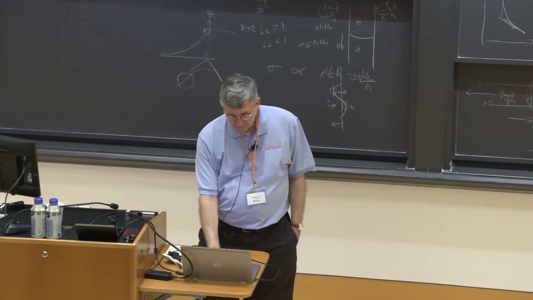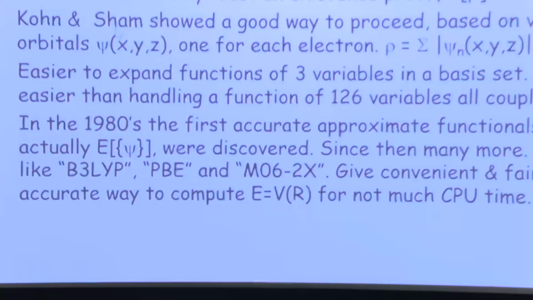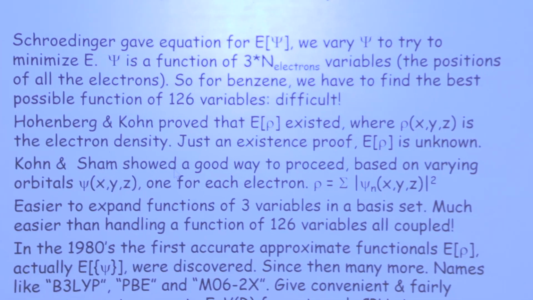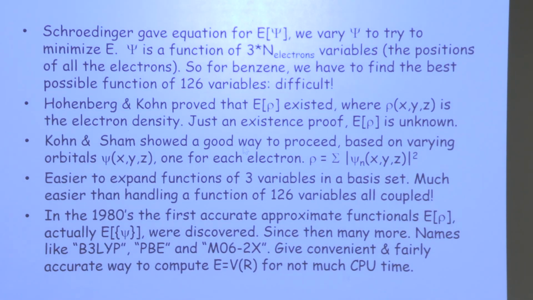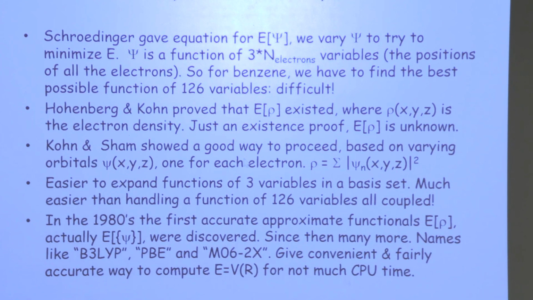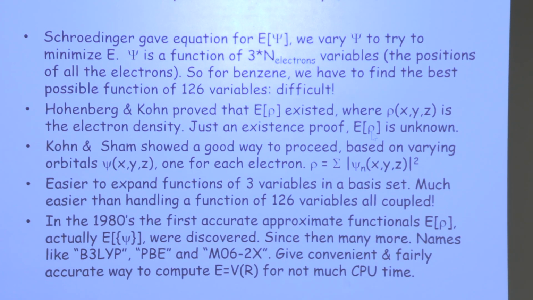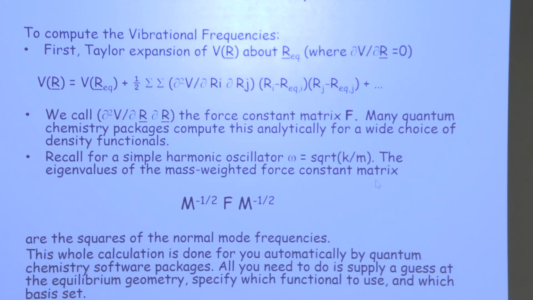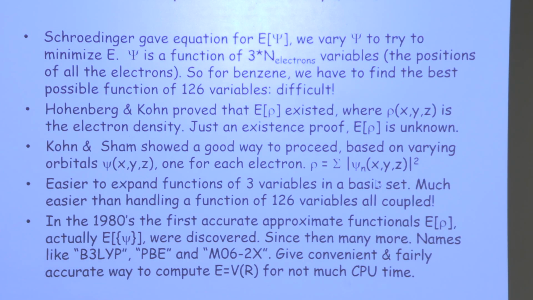So then Kohn with another guy, Sham, found a way to proceed where they said, we can figure out how to make electron densities that actually are physical by writing them as sums of orbitals, like this. And these are each functions of only 3 coordinates, so that's not so bad. It's not quite as simple as rho, but this is still okay.